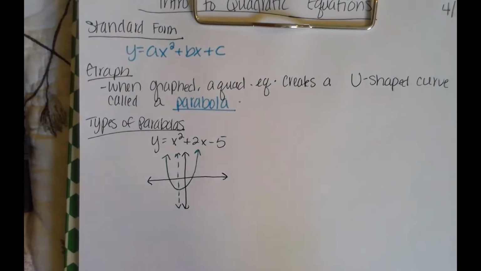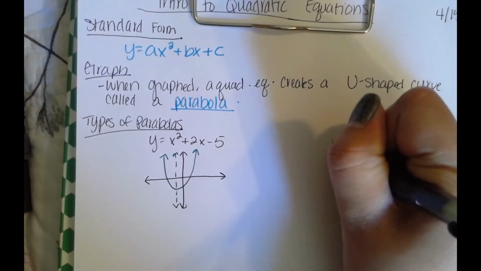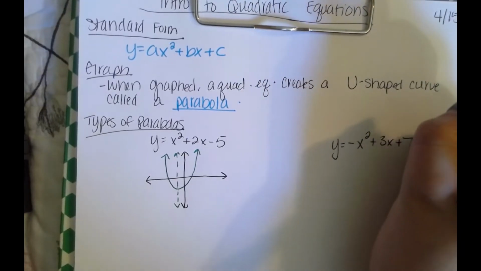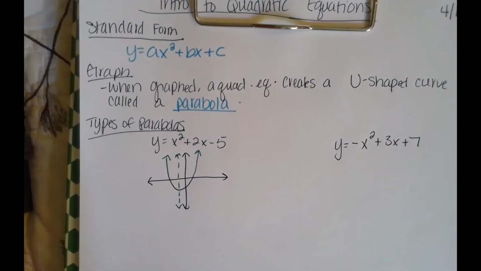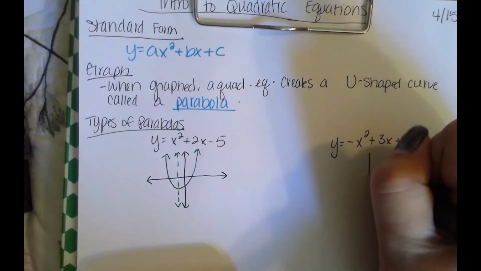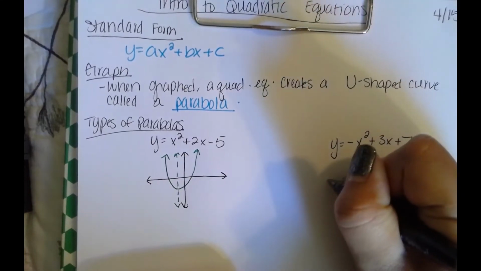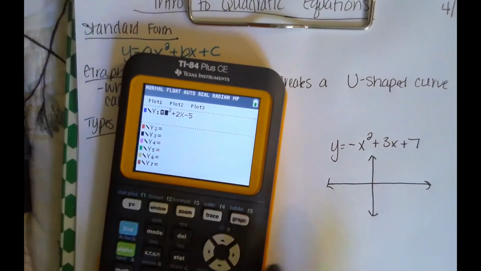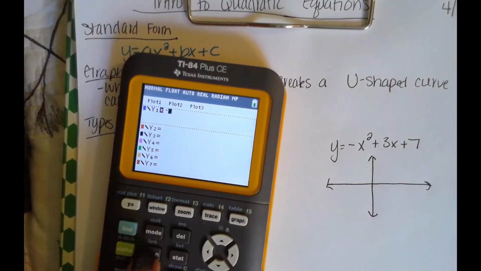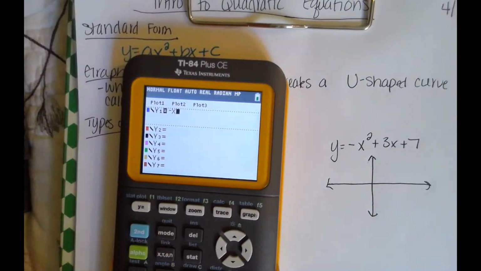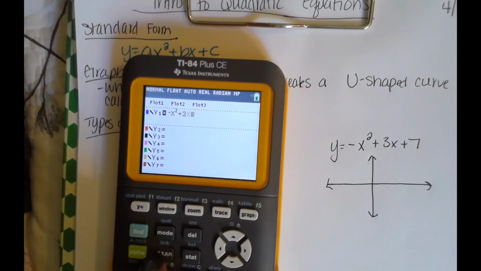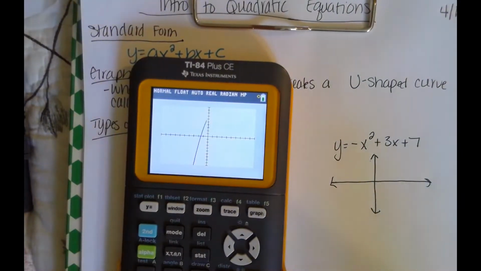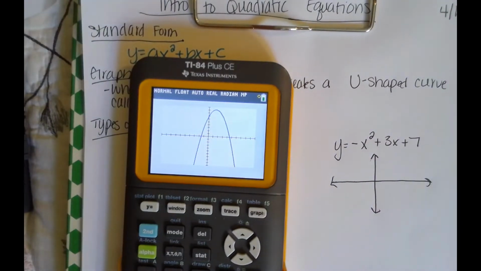The other parabola we can draw is y equals negative x squared plus 3x plus 7. I'm going to go ahead and draw the coordinate plane. Okay, so this one was negative x squared plus 3x plus 7. Graph that. Notice that this time, this one went upside down.